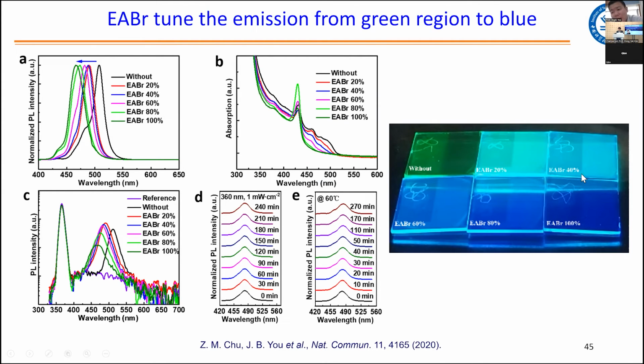When we greatly increase the amount of EA, we can get very bright blue emissions. We also confirm that when we use these large molecules, under light shining and also heating, the spectrum of this material is always stable, even though the intensity may decrease, which means the material has degraded. However, the spectrum is still stable.